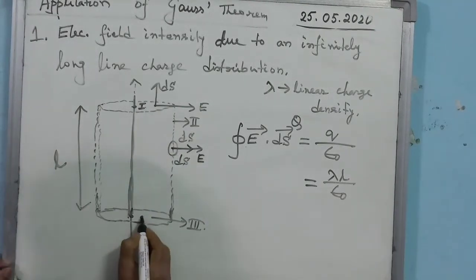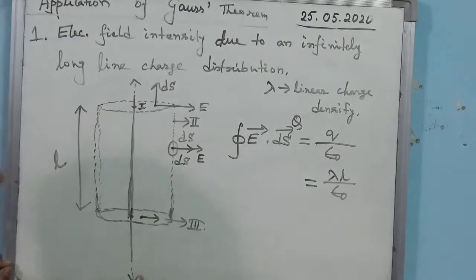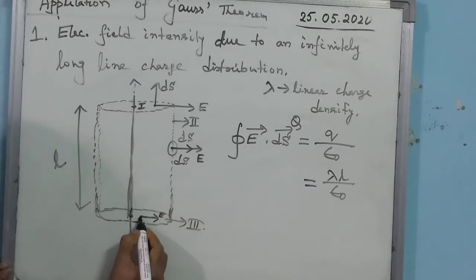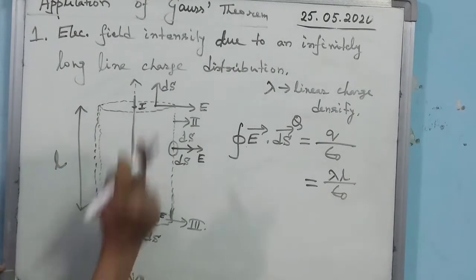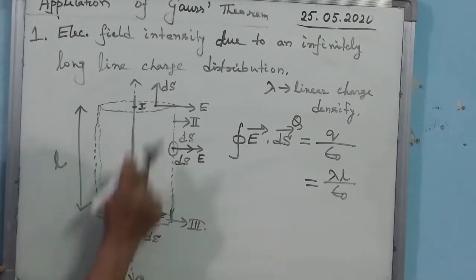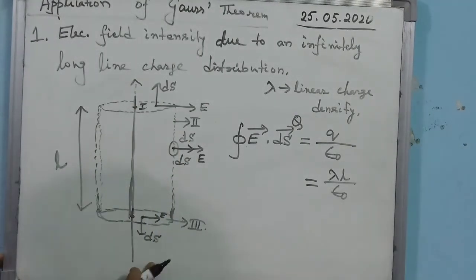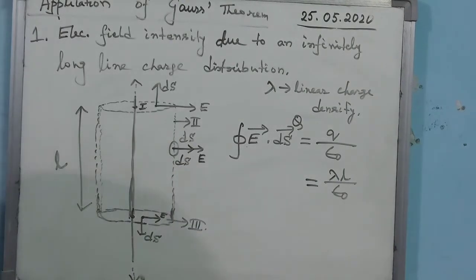For the third one, what is the direction of the electric field intensity? The direction of electric field intensity is in this direction. And what is the direction of surface area dS? It is in this direction. So you see, for the first surface and third surface, E and dS are perpendicular to each other, whereas for the second surface, E and dS are parallel to each other.